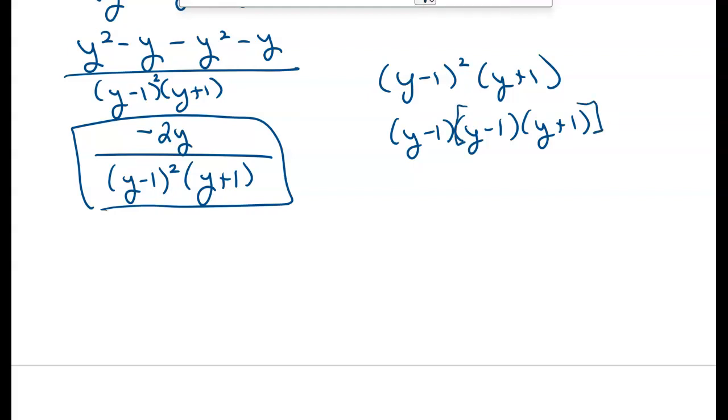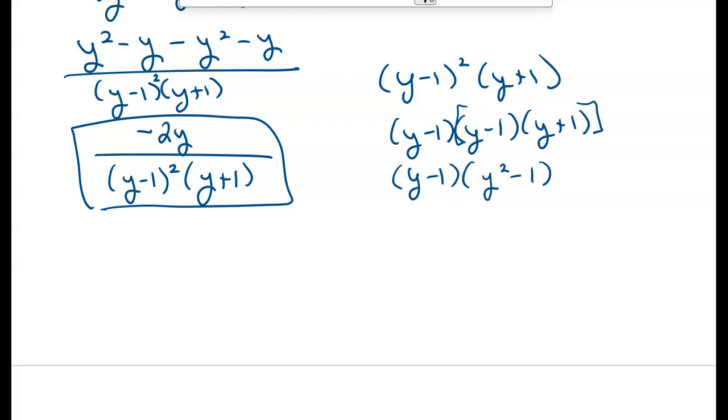If that's conjugates, isn't that what we normally get with the difference of squares? So don't we really get y minus 1 times, what's those two multiplied together? y squared minus, what's 1 times 1? 1. Okay, I know I've been making mistakes today, but 1 times 1 is definitely y squared minus 1. Wow, very good. Okay, now what?